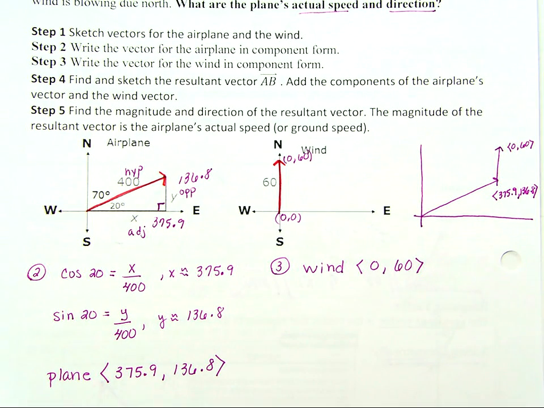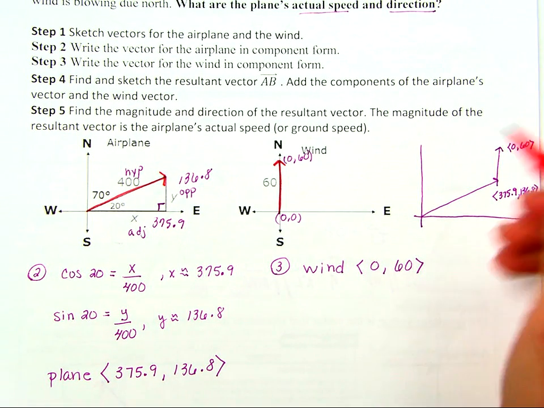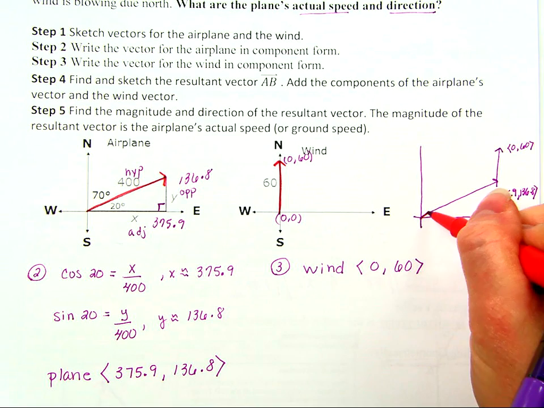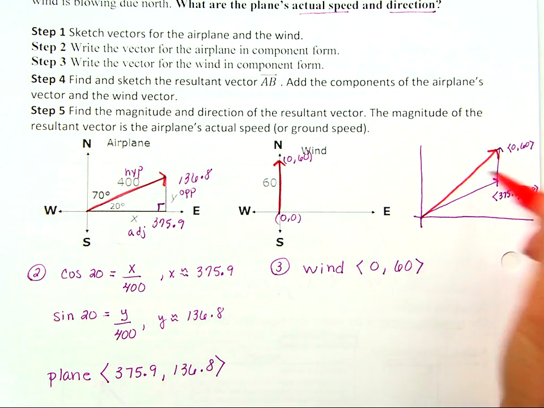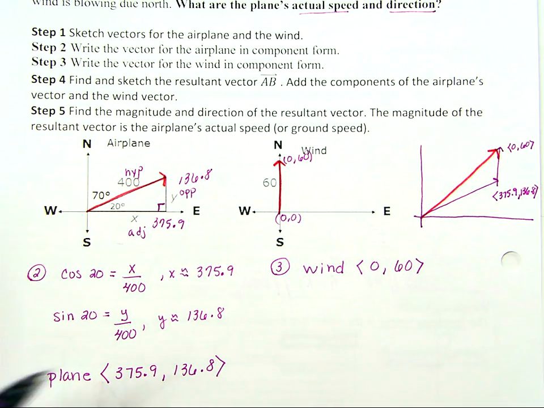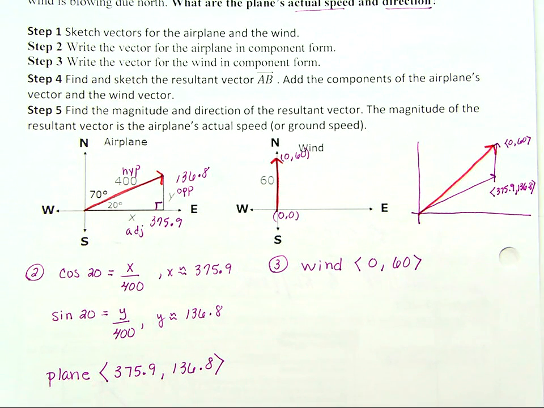My resultant vector would be how my plane is actually traveling, along that red line.